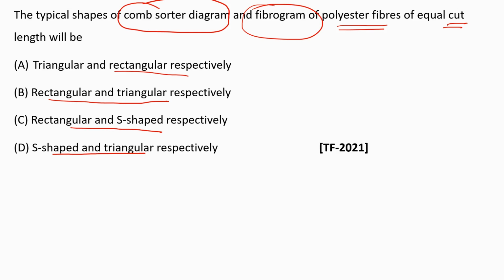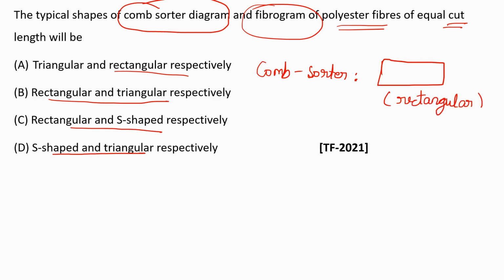So if we talk about equal cut length for polyester fibers, for comb sorter, if you have read, it is a direct question. This rectangular shaped structure is formed in case of comb sorter diagram for polyester, rectangular, and in case of fibrogram, this triangular shape is formed, triangular.